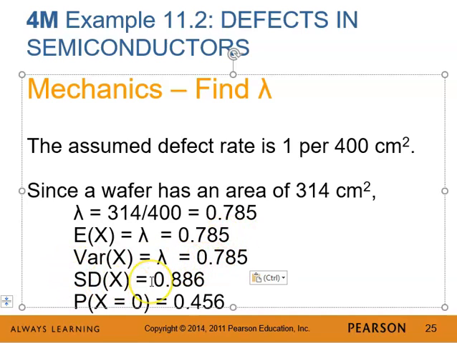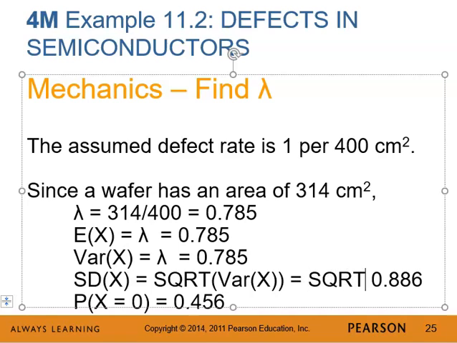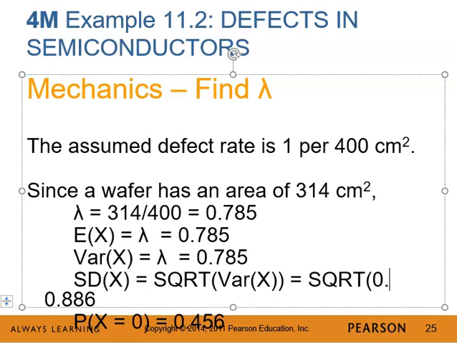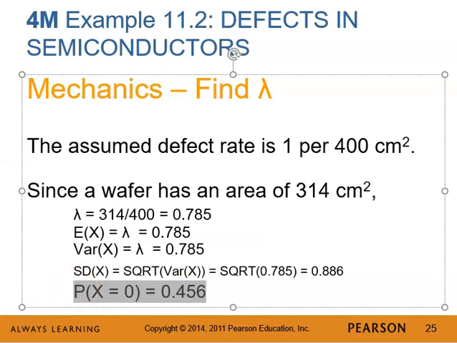And you know that standard deviation is the square root, SQRT, of the variance of x, which is SQRT of 0.785. If you calculate that, it's going to be 0.886.